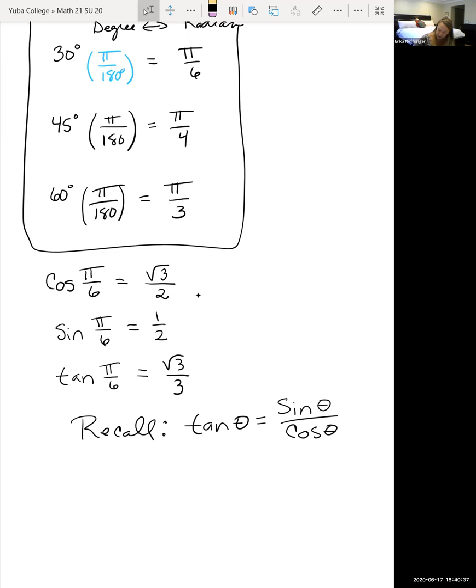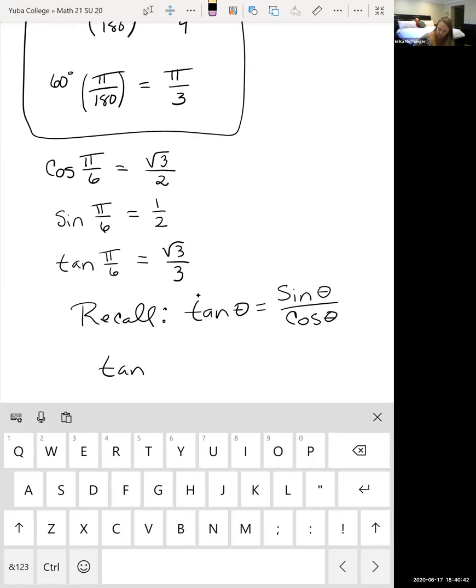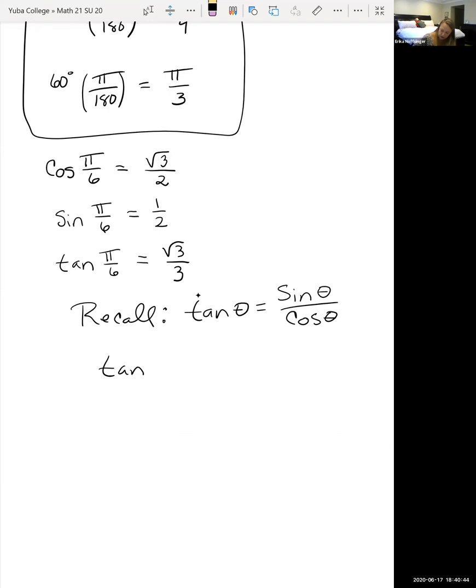So tangent of pi over 6 is sine of pi over 6 over cosine of pi over 6. Sine of pi over 6 is 1/2, divided by cosine of pi over 6, which is root 3 over 2.